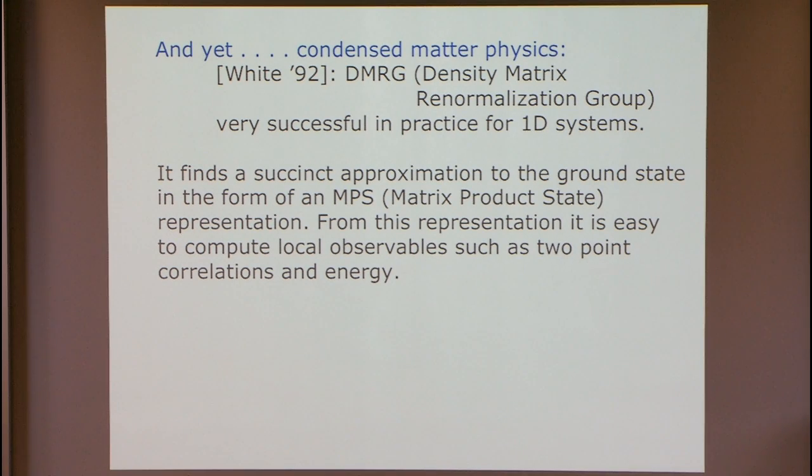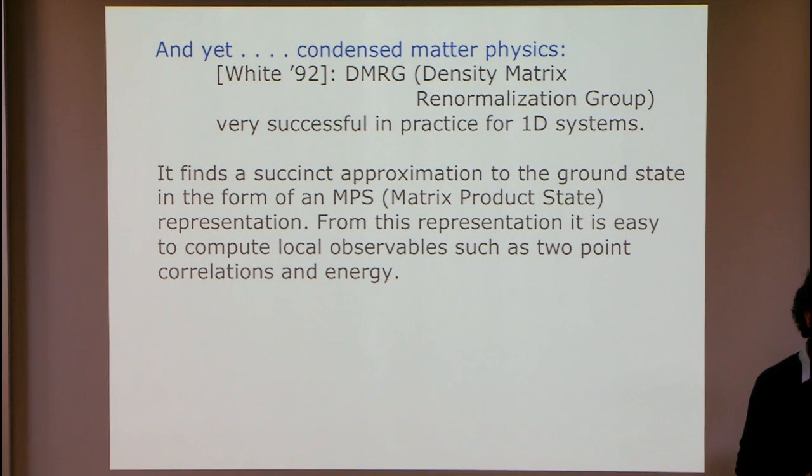What this heuristic does is it computes an approximation to the ground state, and it represents it in a particular kind of format called a matrix product state, which is a special case of a kind of tensor network, which we'll hear about in this workshop.